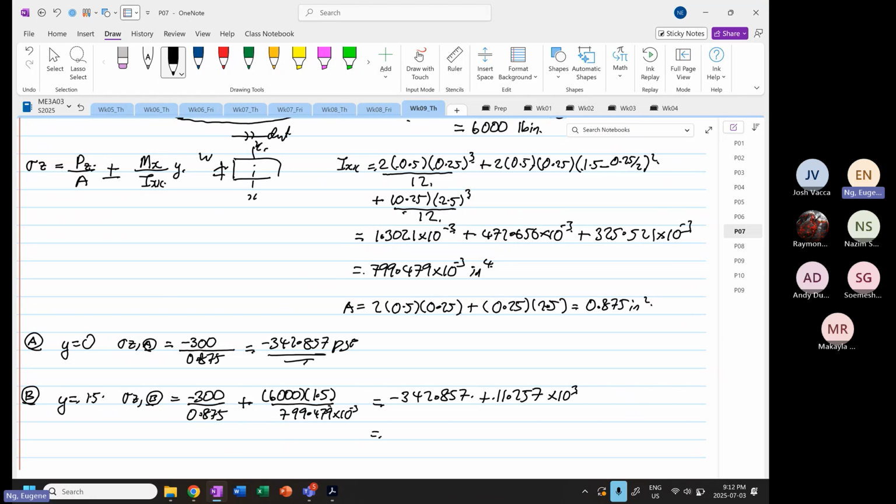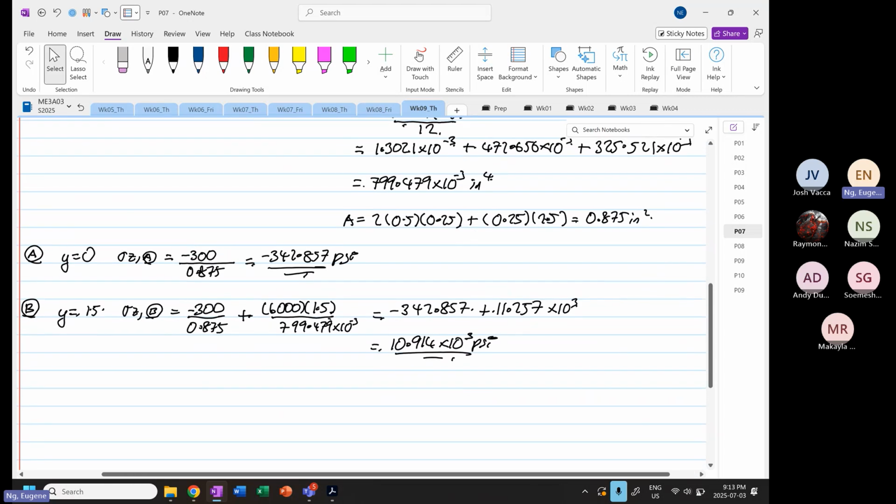So this is equal to minus 342.857 plus 11.257 times 10 to the power 3. You get 10.91 times 10 to the power 3 psi.